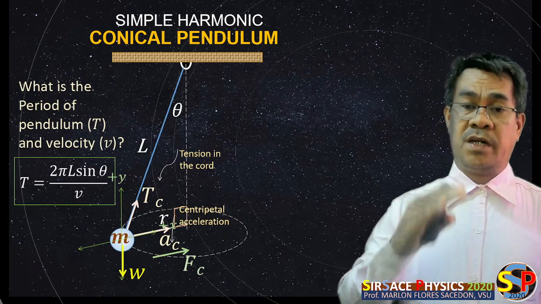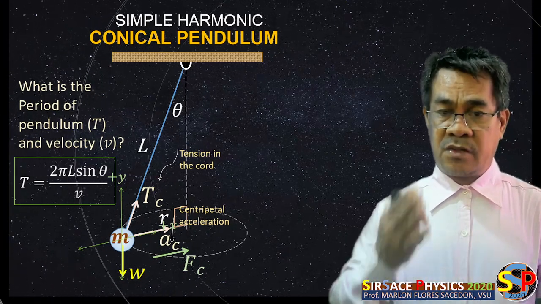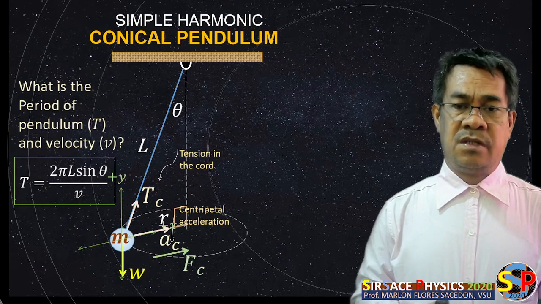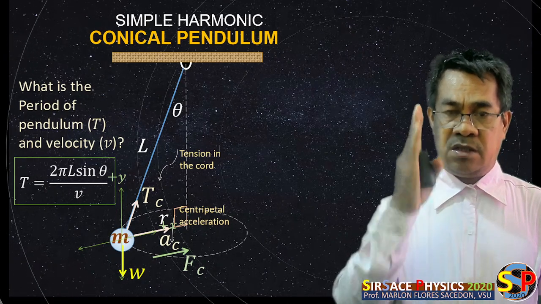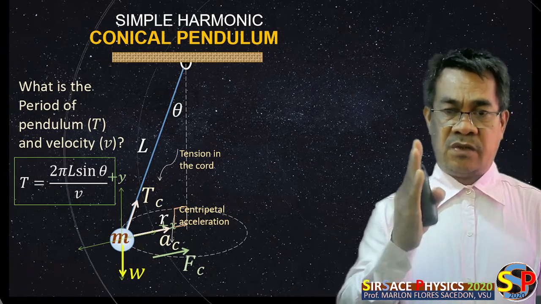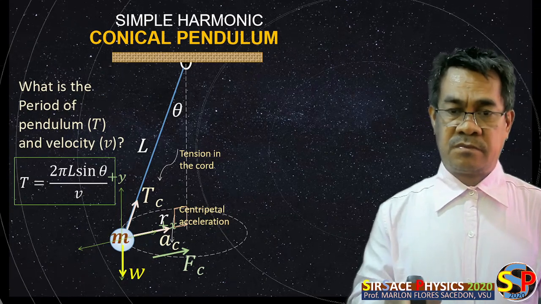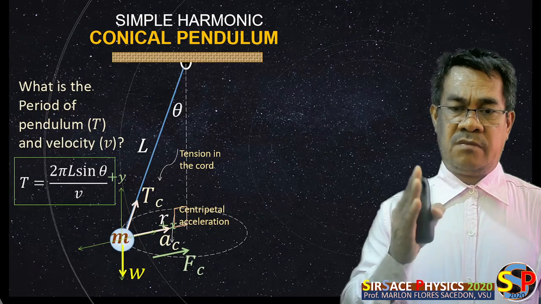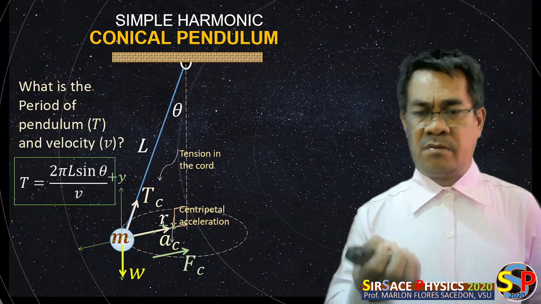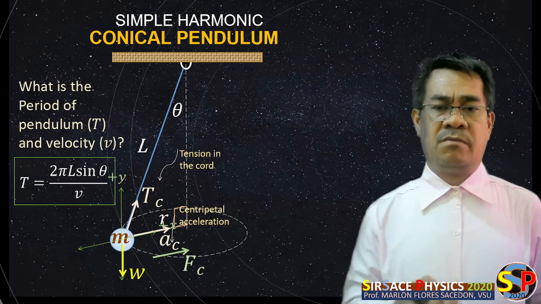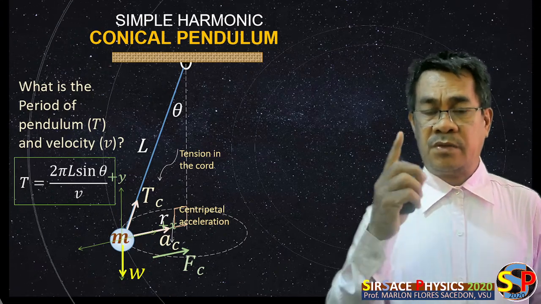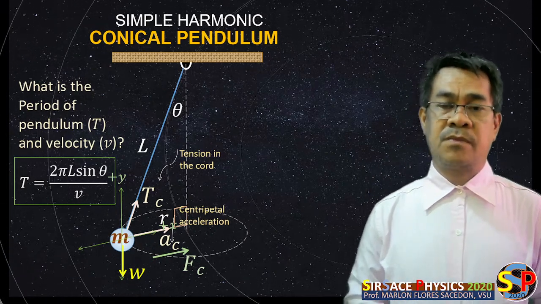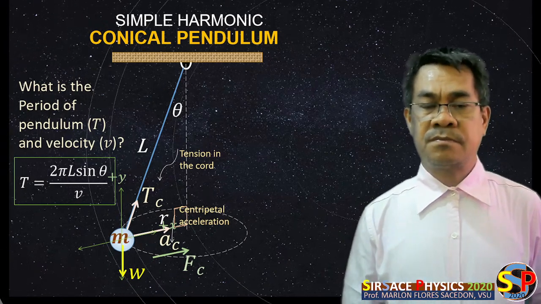The component of x is the centripetal force, and the component of y of the tension in the cord is equivalent to the weight of the metal. That's the reason why the pendulum bob will not move down. Why? Because there is a component of the tension which tends to move upward.